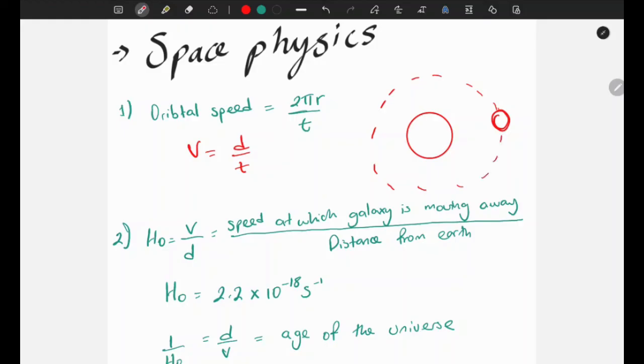This forms a circle. The distance from the center of the sun to the planet is r, the radius of the circle. The distance traveled is going to be the circumference of a circle, which is 2 pi r. The time taken is just t. So the speed is 2 pi r over t. That's how we got this orbital speed formula.